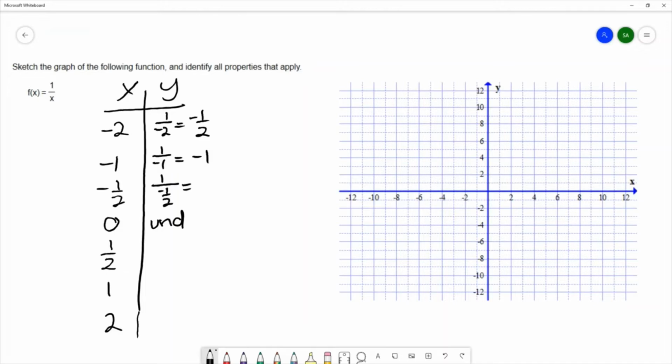If I take my time simplifying this, I would write this as 1 divided by -1/2. And when we divide fractions, we multiply by the reciprocal, so that's 1 times -2 over 1. So we get -2. And -2 is the reciprocal of -1/2.